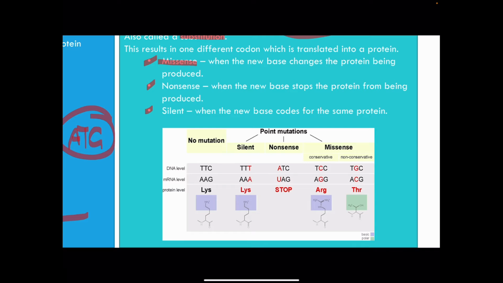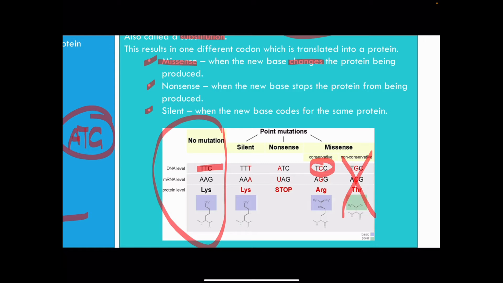Looking first at missense. Now, you don't need to know the difference between conservative and non-conservative, so I'm going to put a cross through that column there. But you do need to know what a missense mutation is. Okay, so this is when the new base changes the protein from being produced. So in this column here, we've got the normal gene, okay, where there's no mutation occurring. We're going to compare this gene here, or this codon here, TTC, with this one here.